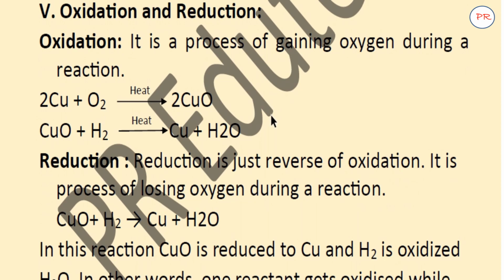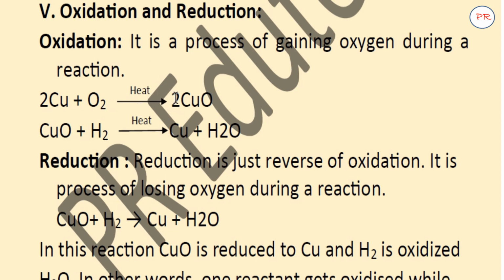Now oxidation and reduction reaction. Oxidation is a process of gaining oxygen during a reaction. For example, copper, when heated in air, will combine with oxygen to give you copper oxide. So 2Cu plus O2. एरो के ऊपर हम लोगों ने हीट लिखा है क्योंकि हीटिंग के बिना ये पॉसिबल नहीं हो सकता.